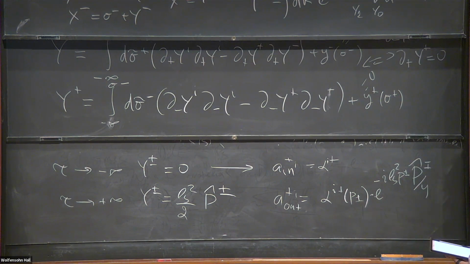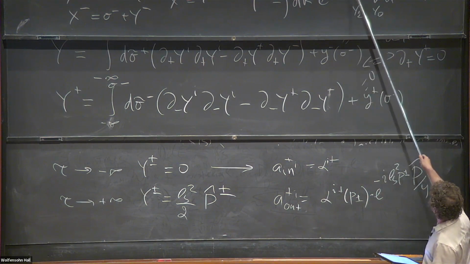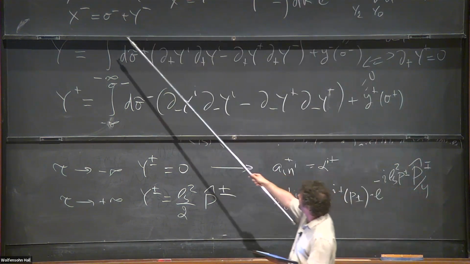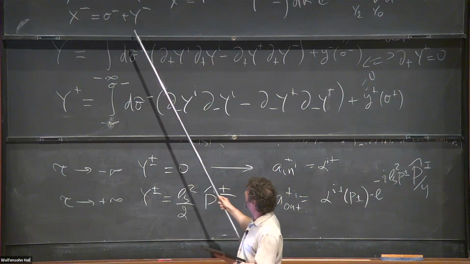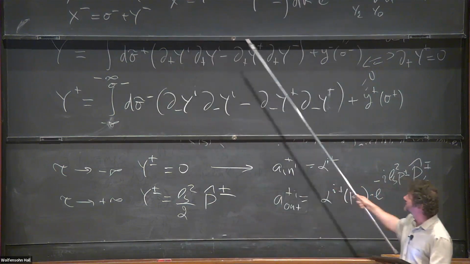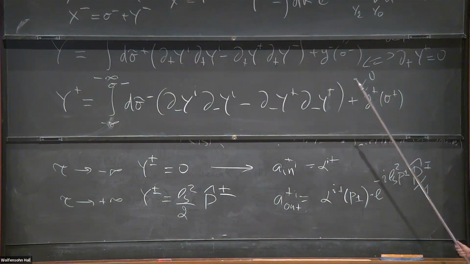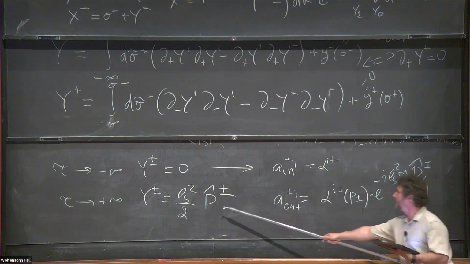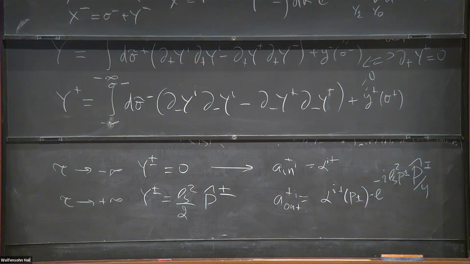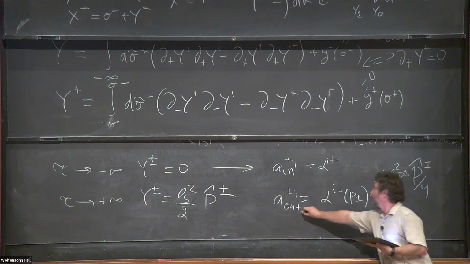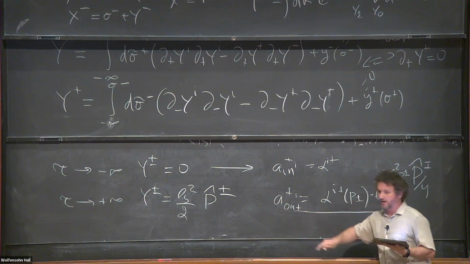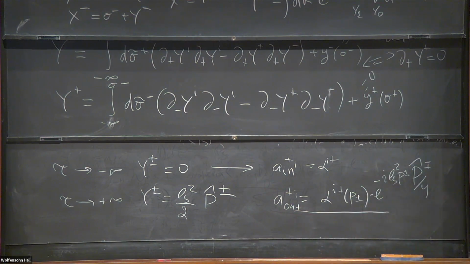What I did was plug in, writing sigma as x1 minus y1 and tau as x0 minus y0. From there, because of this relation, one finds a relation between the physical creation operators in the out state and these alpha creation operators.